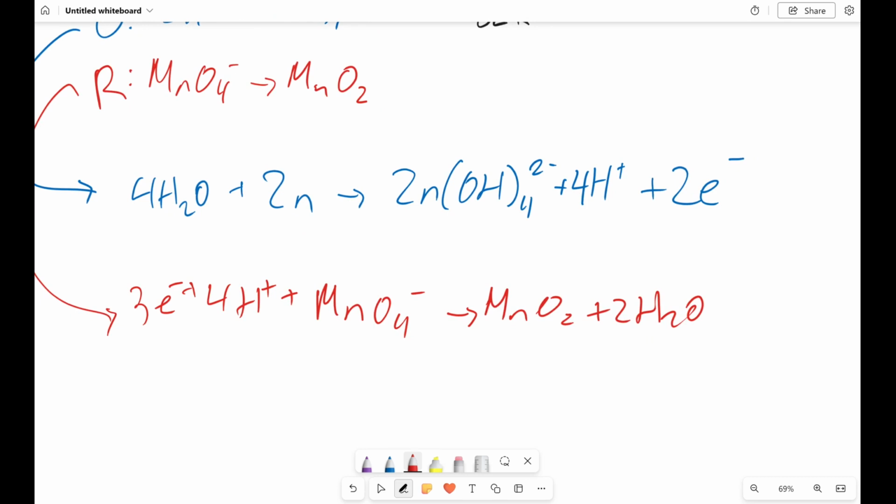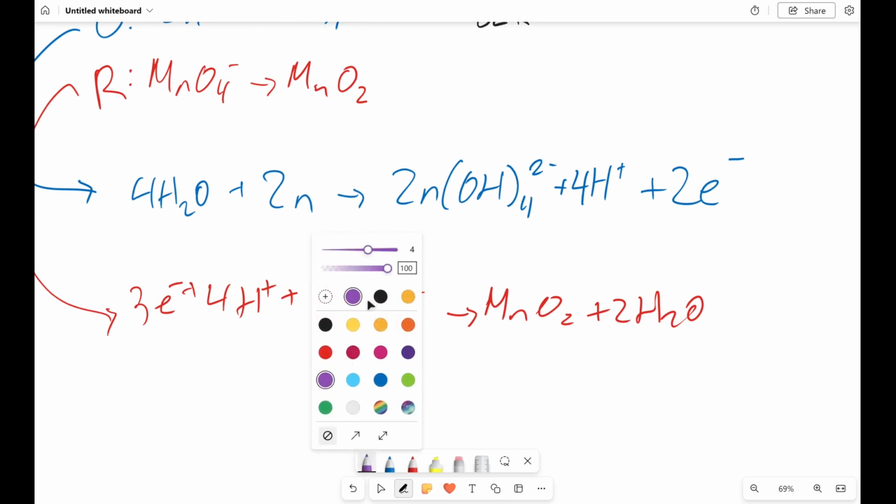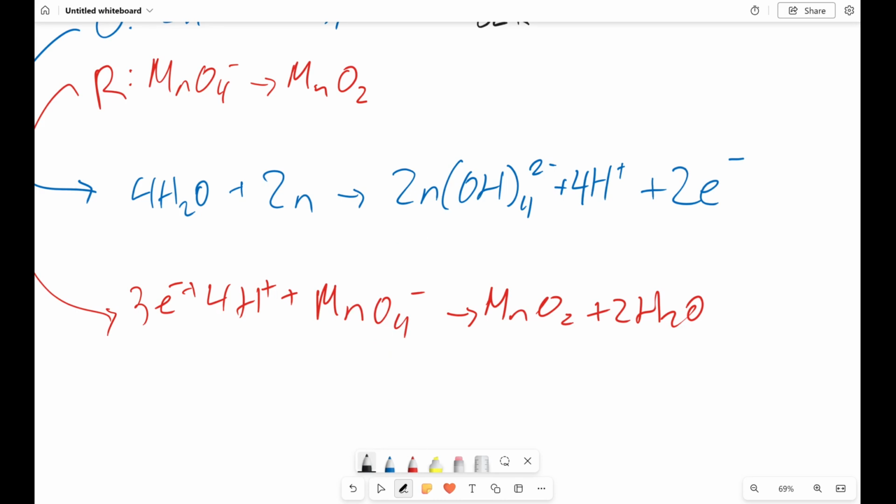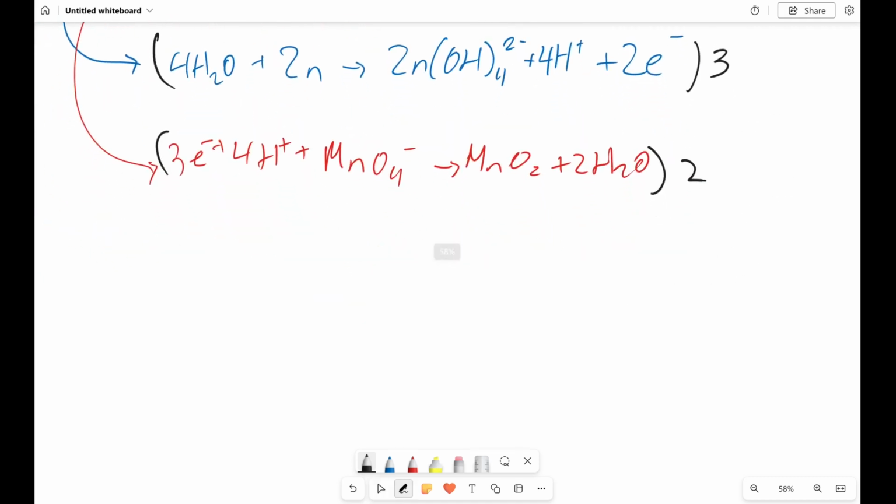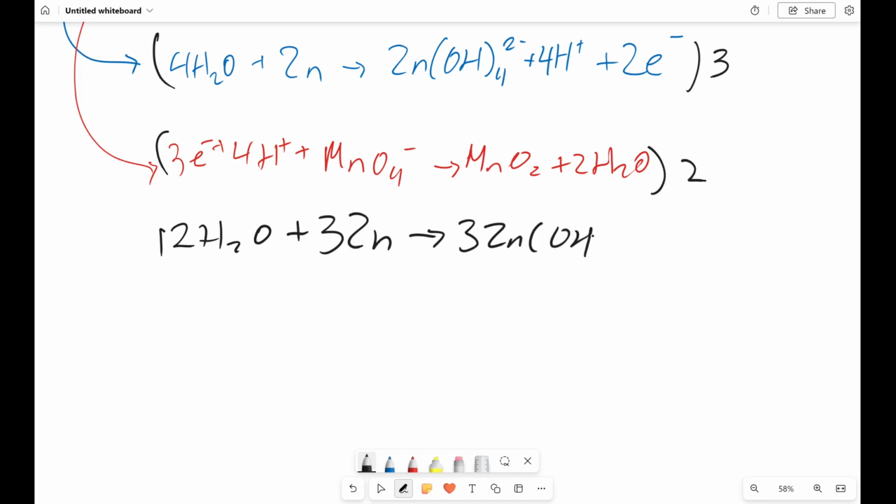Okay, now it's going to go right back to what we were doing earlier. We're going to multiply this whole thing by 2, this whole thing by 3, right? And then we're going to apply Hess's law. So that's going to be 12H2O plus 3Zn becomes 3Zn(OH)4 2 minus plus 12H plus 6e minus.